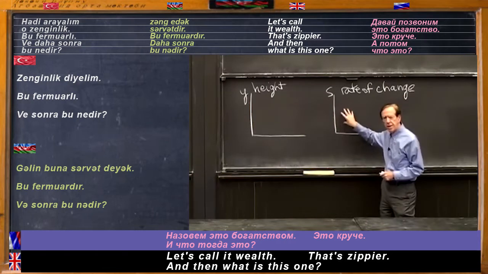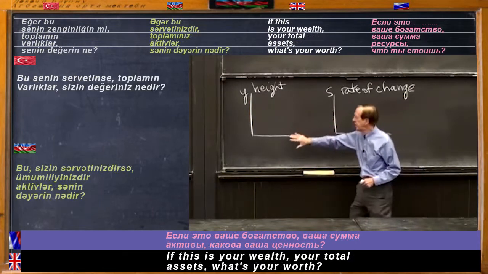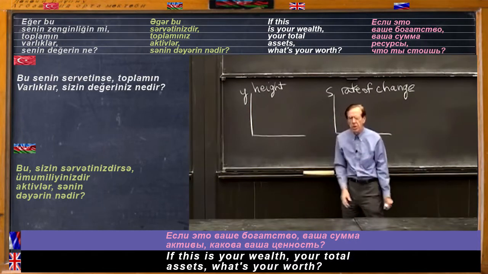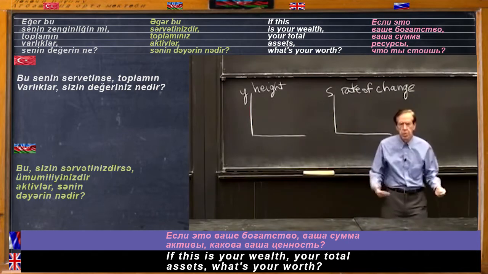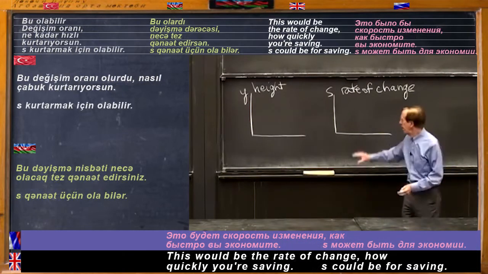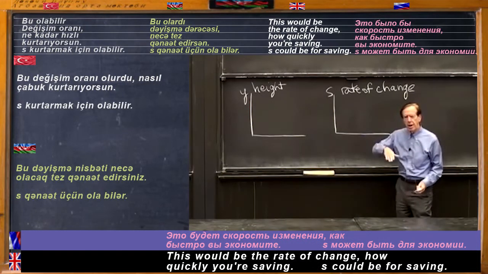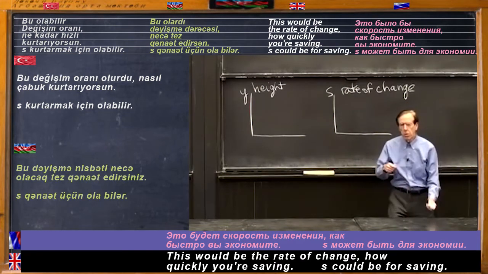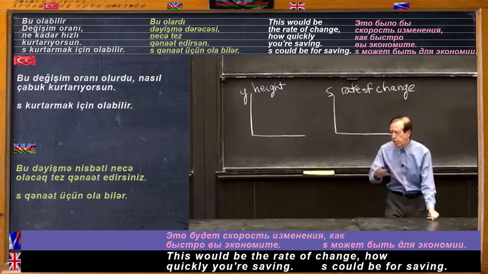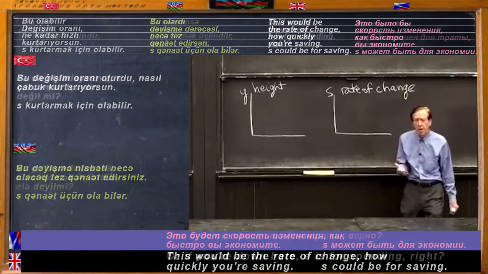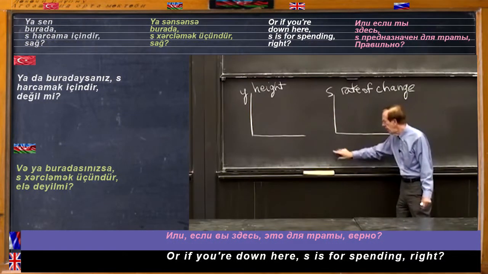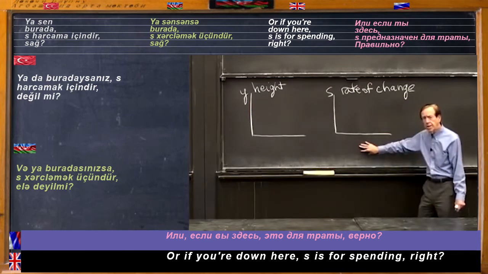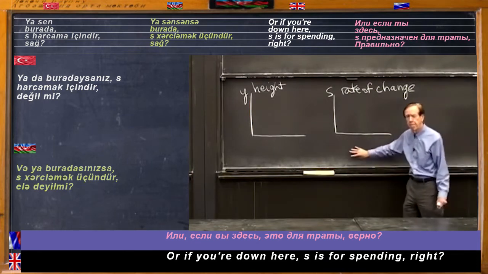And then what is this one? If this is your wealth, your total assets, what's your worth? This would be the rate of change. How quickly you're saving. S could be for saving. Or if you're down here, S is for spending.